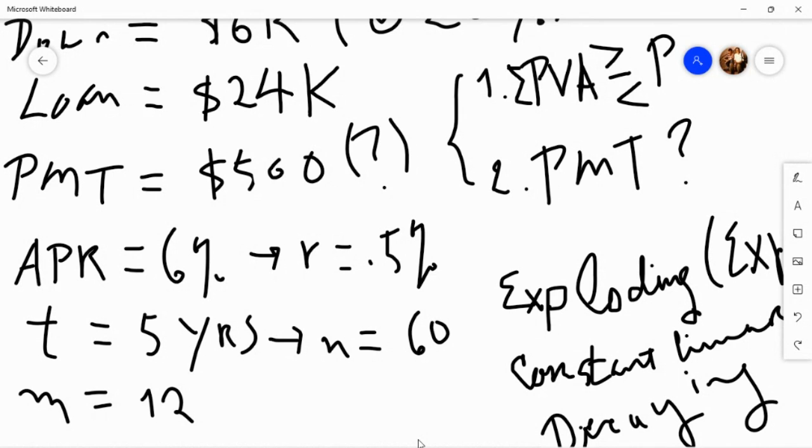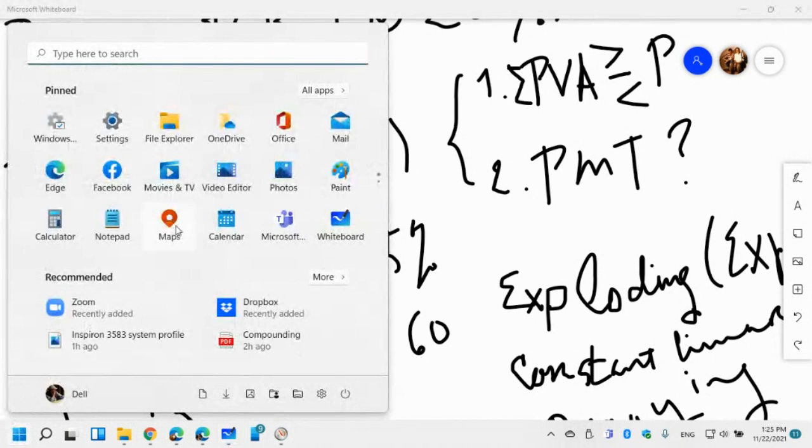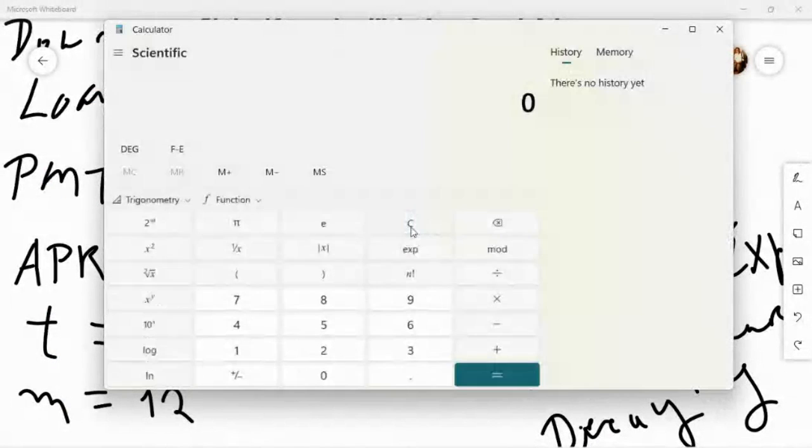But then look, 6K if APR is 6%, right? Even if you're not a math genius, just a quick calculation using a calculator will tell you, oh well, my loan is 24,000, right?